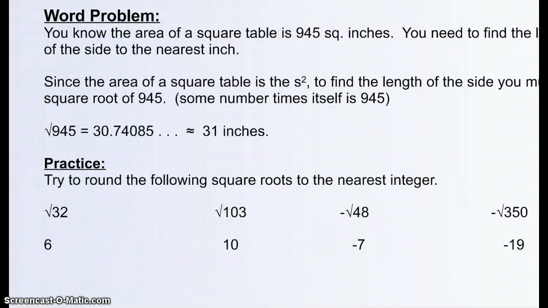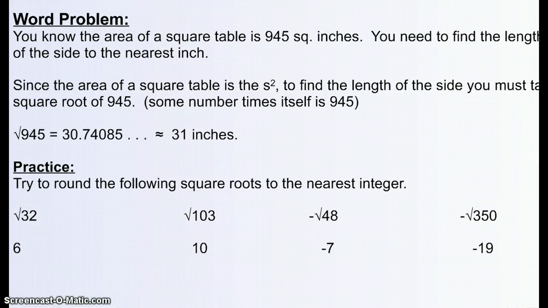So here's a word problem. You know the area of a square table is 945 square inches, and you need to find the length of the side to the nearest inch. Well, since the area of a square table is s squared, side times side, to find the length of a side, you have to take the square root of 945, because some number times itself is going to get us to 945.